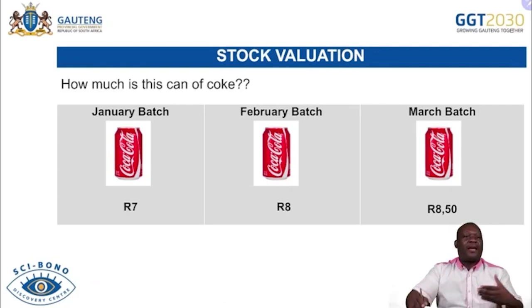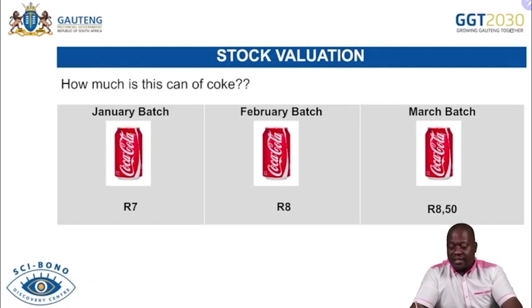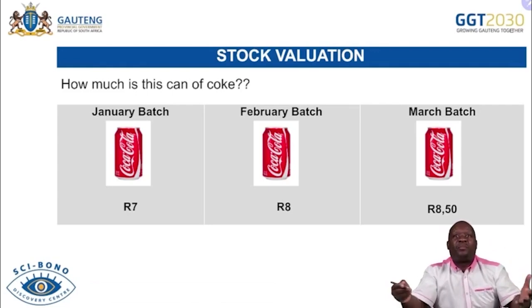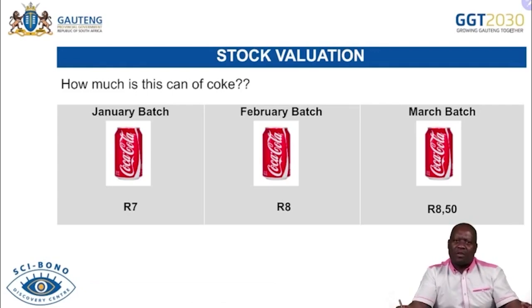So it became a family debate. My eldest son just said to me, "Daddy, that can, it's 8 rand 50." And then I said, why are you saying 8.50? What if this can is what was left from what was bought in January and the price was 7 rand 50? And my son said, "No, Daddy, we can't do that. Check here. We are going to assume that what was bought first was sold first.